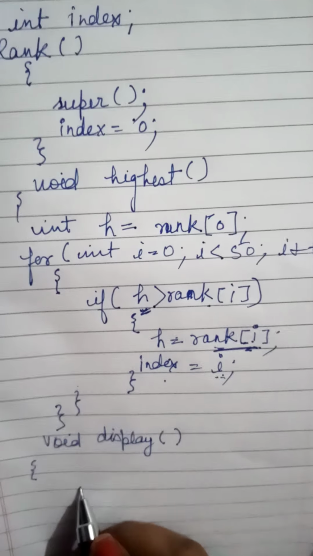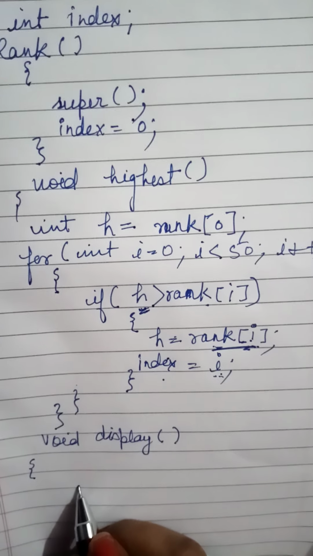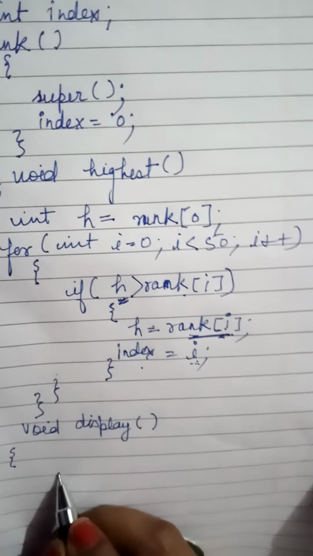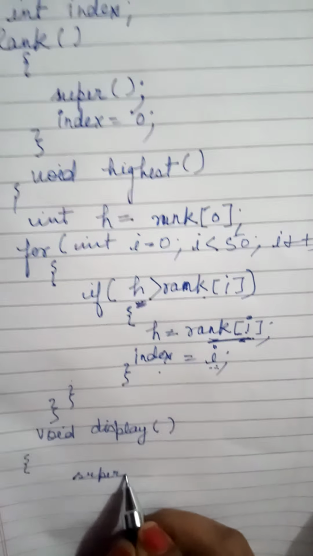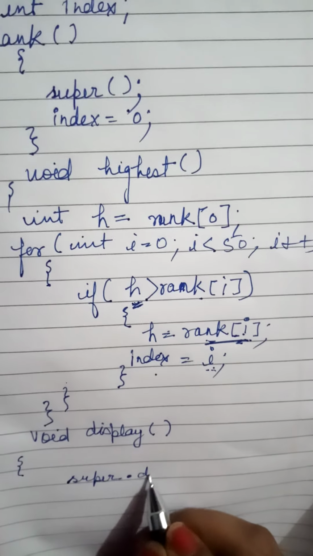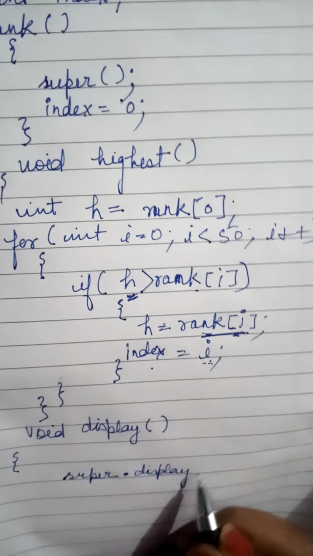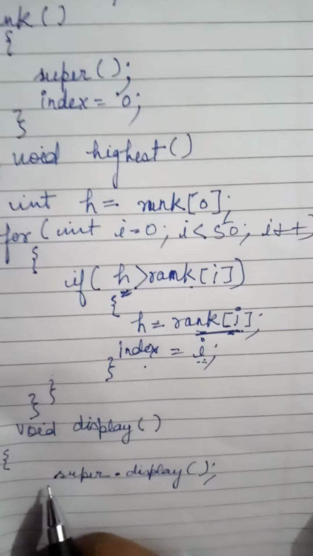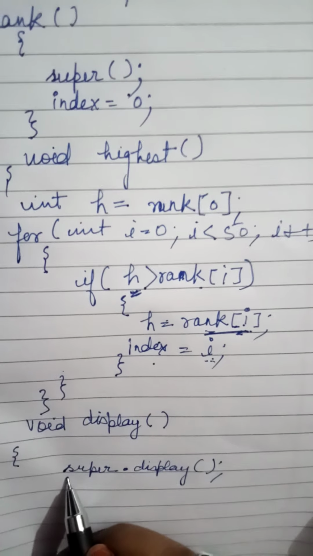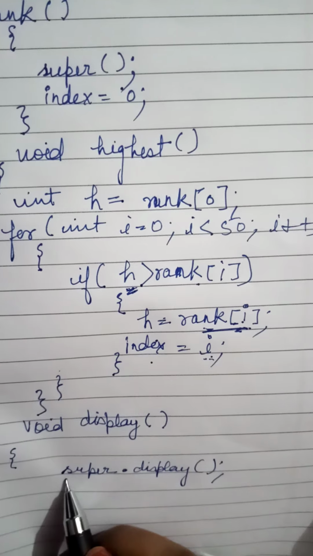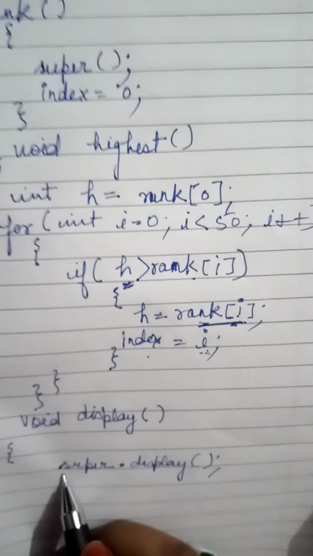Okay, so in this case, how can we call the function of the superclass? By writing super dot. Okay, we have two display functions, one in the subclass and one in the superclass. So if you have to call the display function of the superclass, you will be writing super.display.